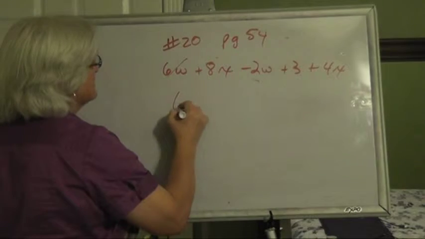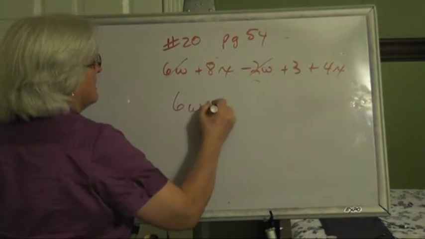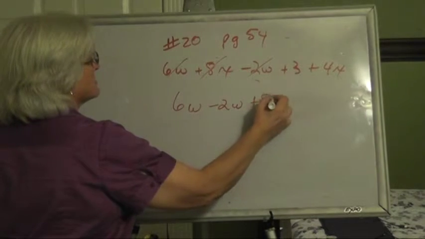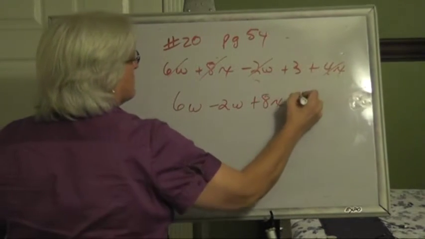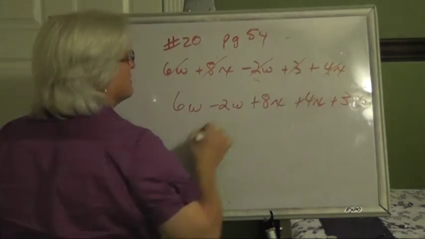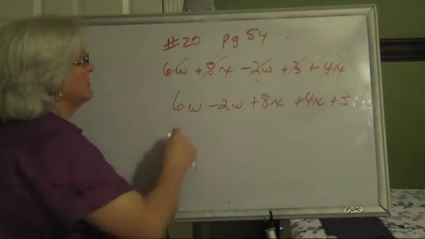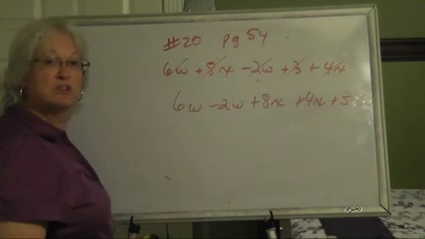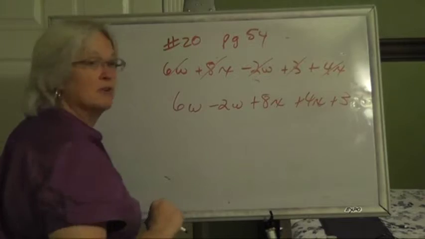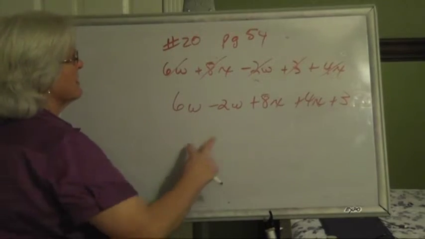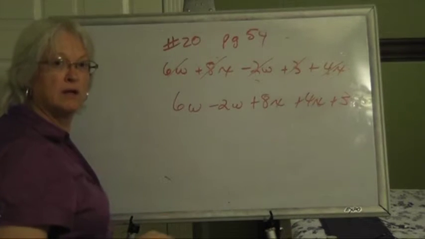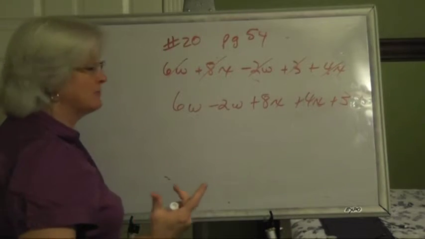So I would have 6w minus 2w plus 8x plus 4x plus 3. And you see what I did was I used little hash marks here to help me keep track of the fact that I was using every single one of the terms here. And I just organized them alphabetically.